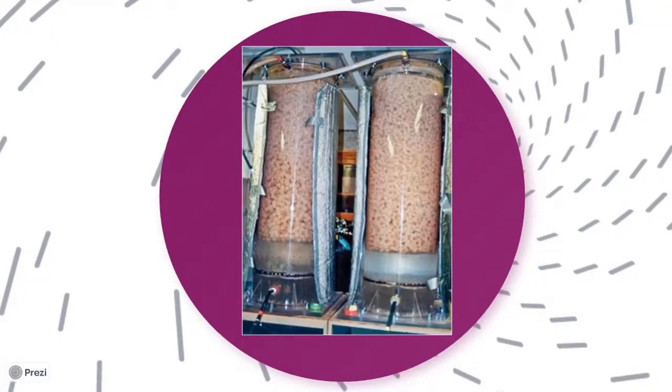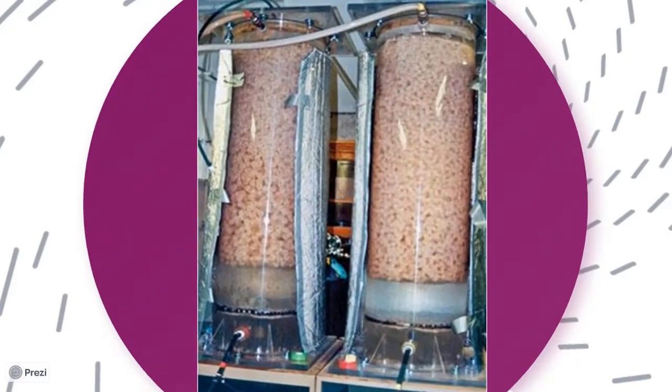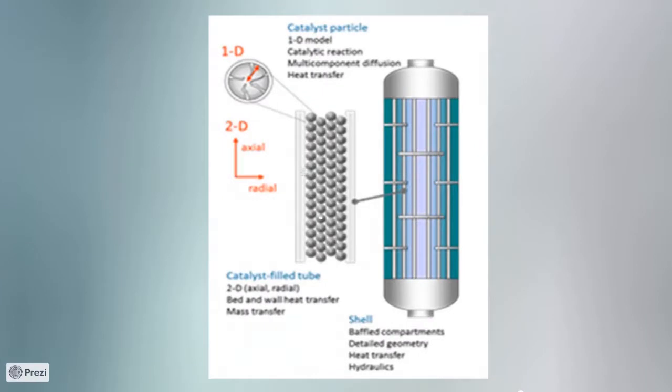Next, another reactor of industrial importance is the packed bed reactor. These packed bed reactors are cylindrical vessels packed with suitable solid matrices, wherein this packing material increases the surface area inside the reactor.